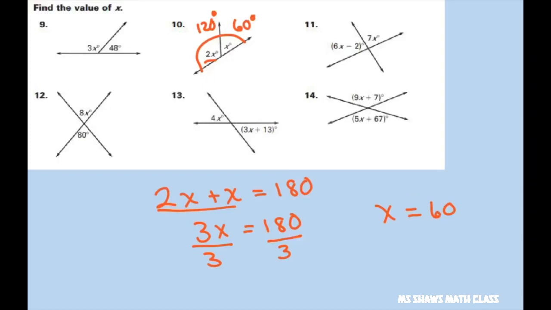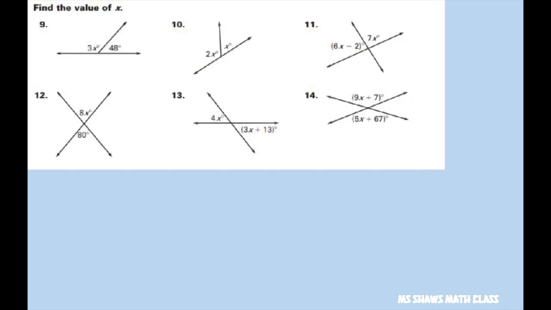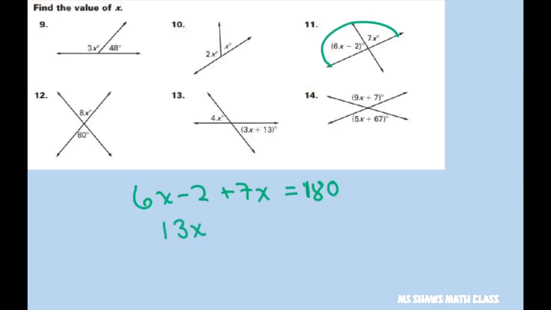And the 11 is the same thing, supplementary angle theorem. So we just add them up, 6x minus 2 plus 7x equals 180. So we get 13x minus 2 equals 180.